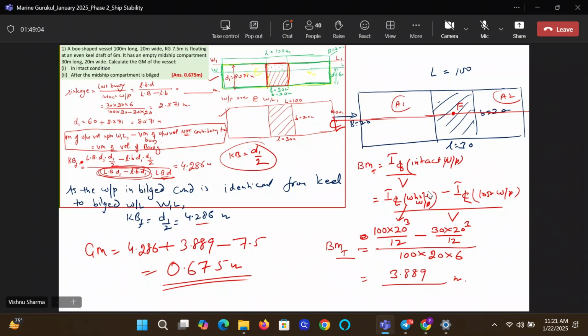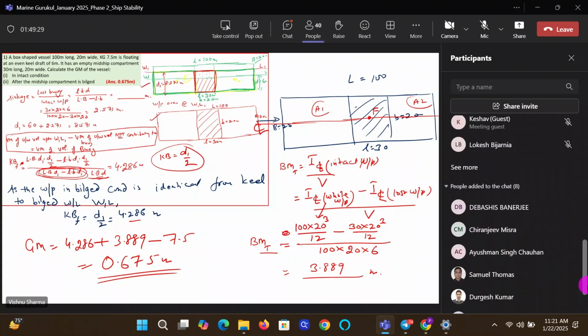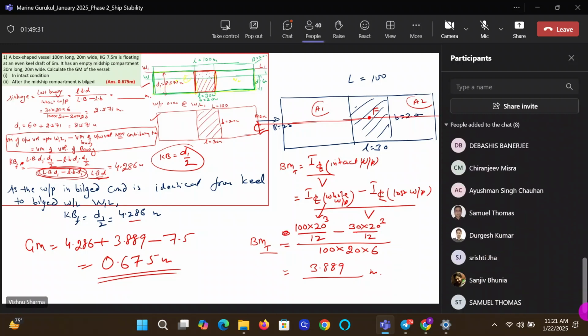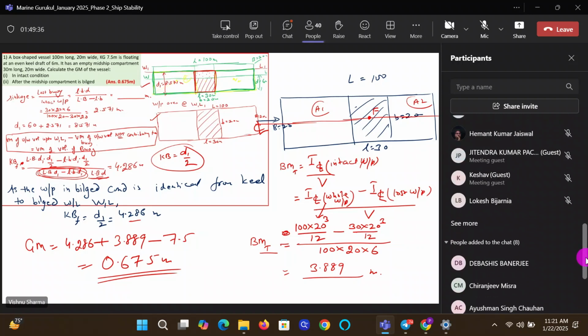I understand BMT is I by V, where V is the volume of displacement, right? To calculate this volume of displacement, because you said that this bilged area is now with the sea and not acting with the ship. Correct. Better. Go ahead.